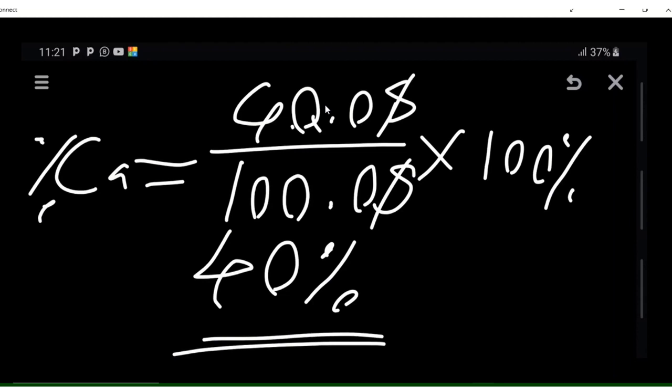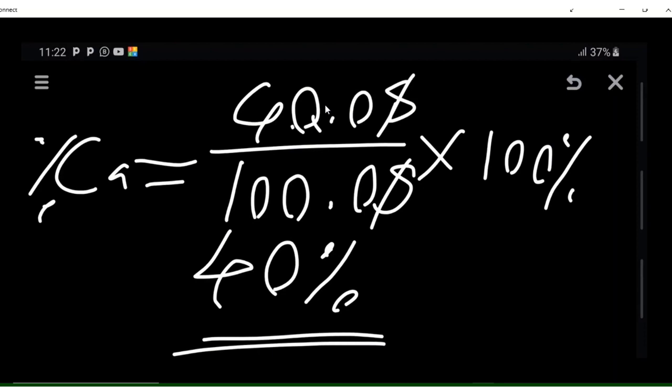So to find the percent composition, you find the mass of each element first, divide by the total mass, multiplied by 100, as we've done here. This is the right thing. Then it's easiest if you use a mole of the compound.